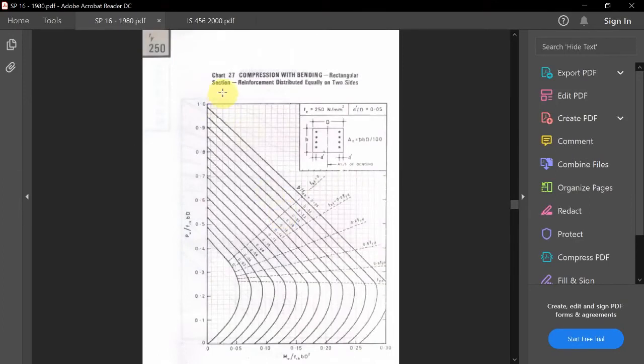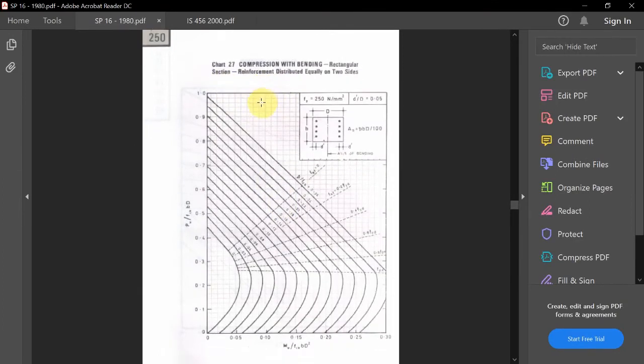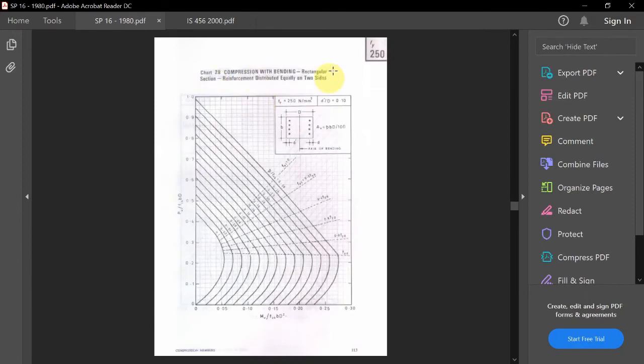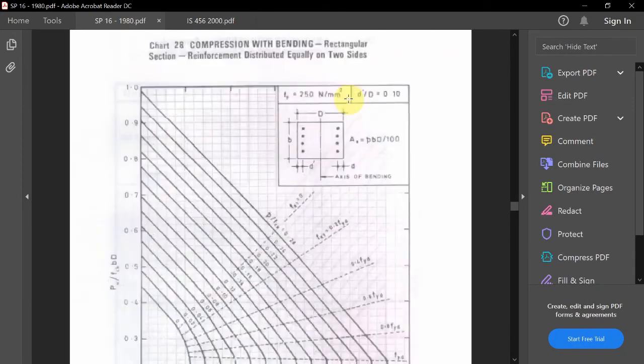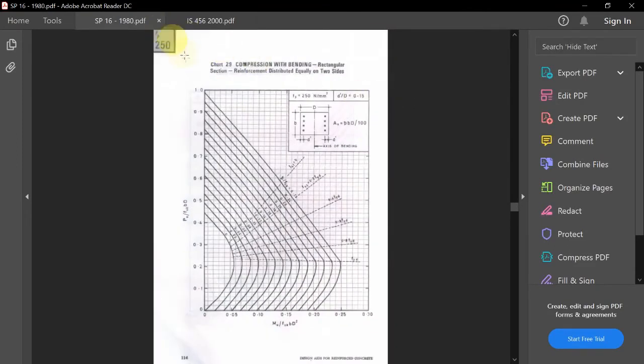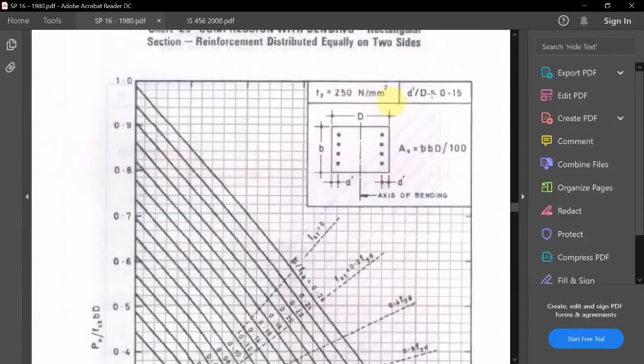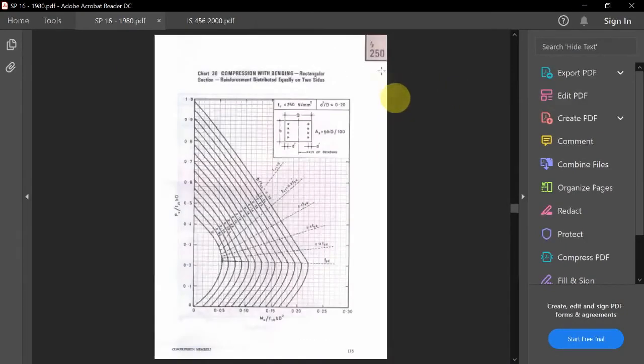This is chart number 27. Chart number 28 is again for Fy 250, but this time d dash by capital D is 0.1. Then chart 29 is again Fy 250, d dash by capital D is 0.15. Then Fy 250 and d dash by capital D is 0.2.